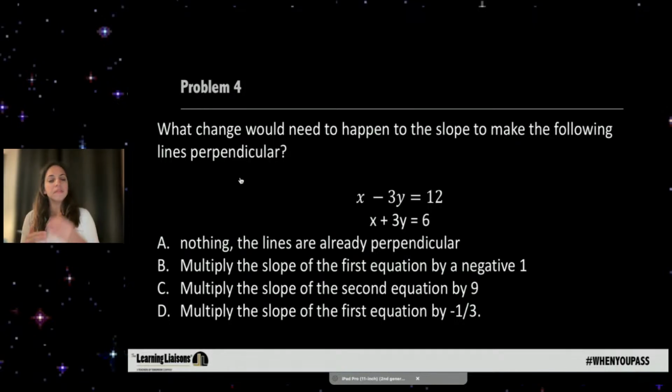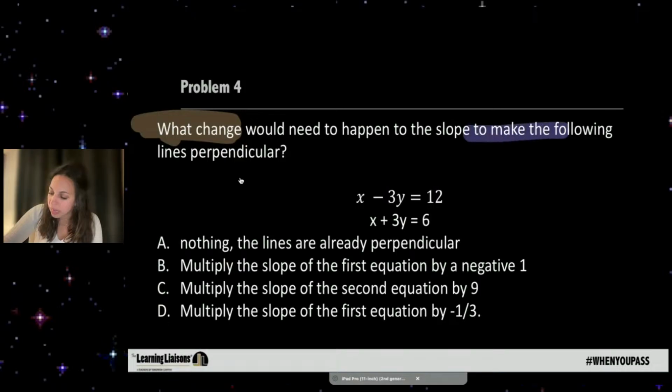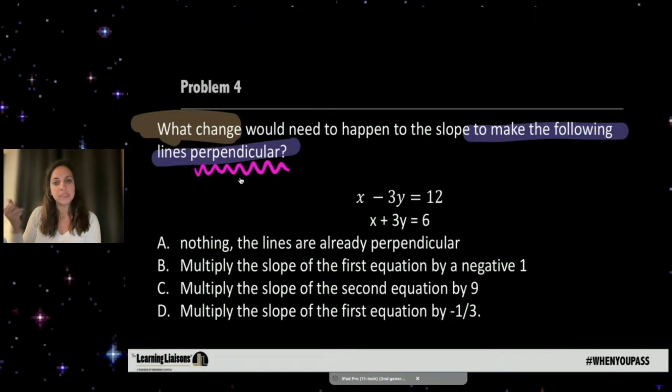So there's a couple of different parts here that we're working with. We are actually having to make a change. What change would need to happen to make the following lines perpendicular? What do I know about perpendicular lines?